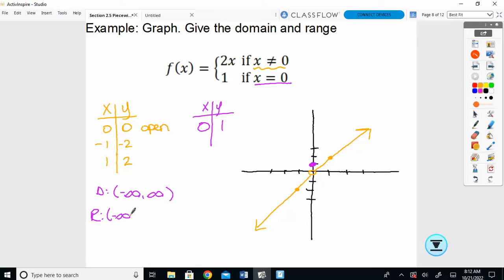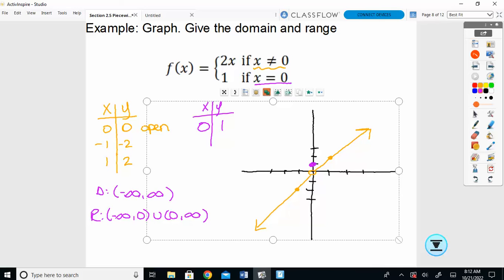So it would be -infinity to 0, union 0 to infinity. What if you want 1? We hit the 1, but that's included in the 0 to infinity. Questions?